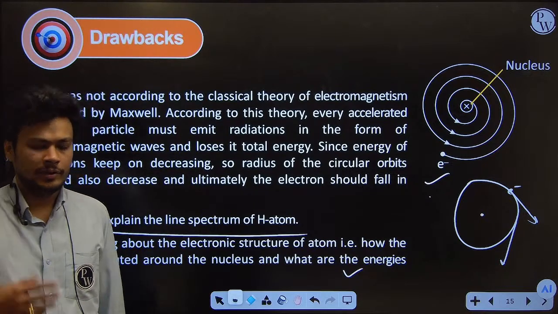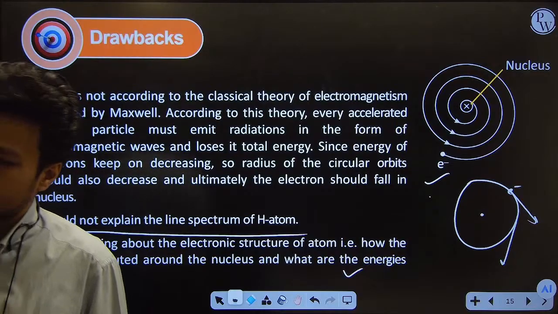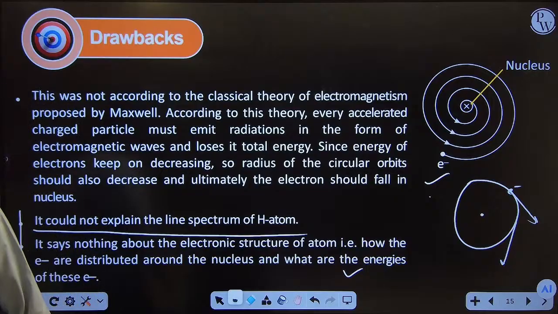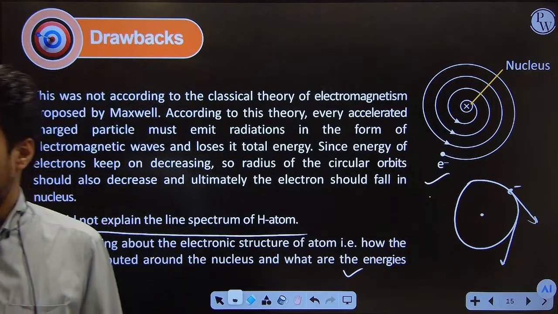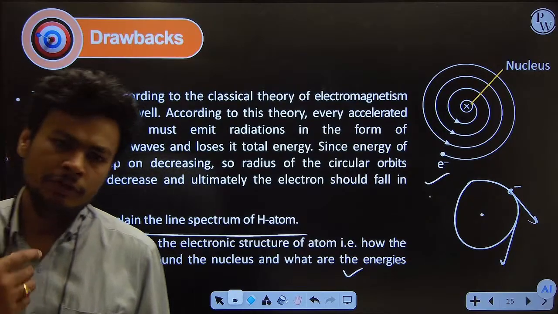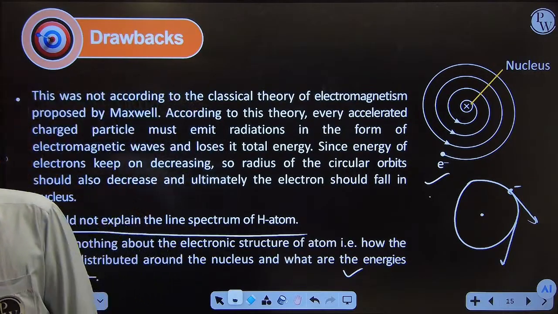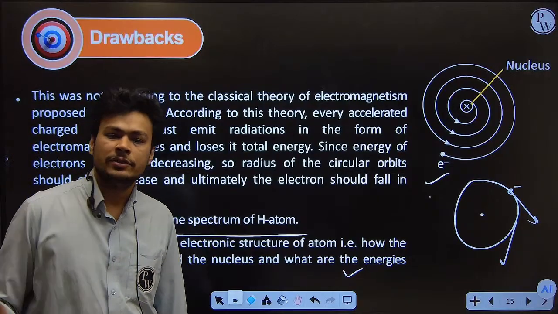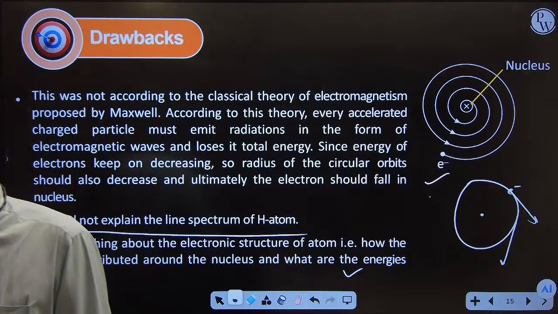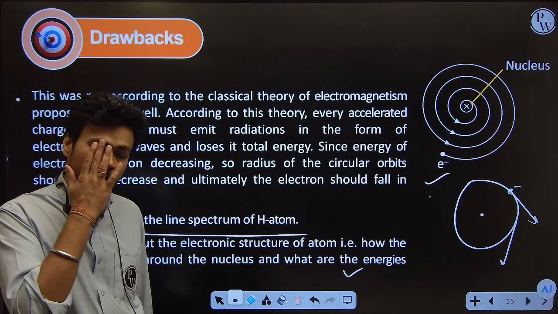Now from that we can find out the relative size of the atom, which is about how much? 1 angstrom, 10 to the power minus 10 meter, right? And from that we can also calculate the size of the nucleus roughly from the distance of closest approach, which is how much? Roughly 10 raised to the power minus 15 meters, right?